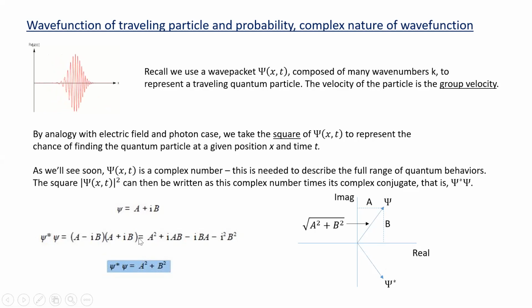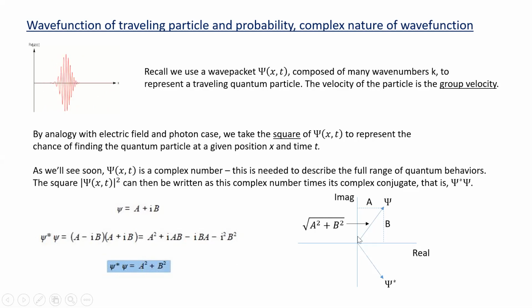Expanding this out, we get a squared plus iab minus iba, just doing the algebra technique FOIL: first, outside, inside, last, minus i squared b squared. But i is the square root of -1, so i squared is -1, so we have minus 1 b squared. So psi star psi is equal to a squared plus b squared.